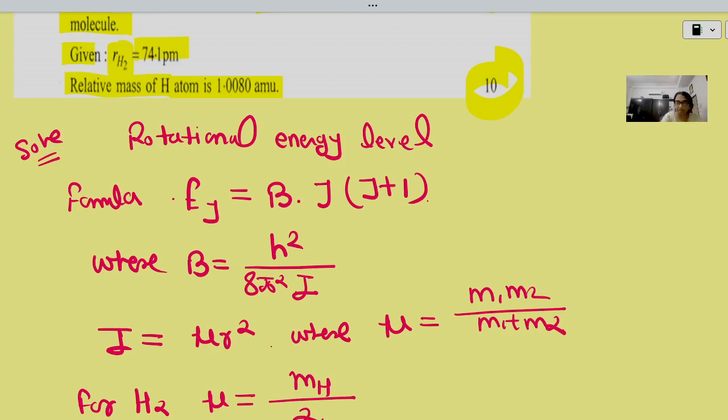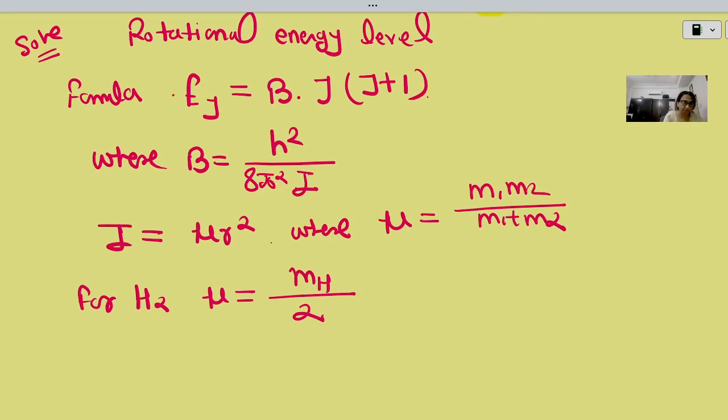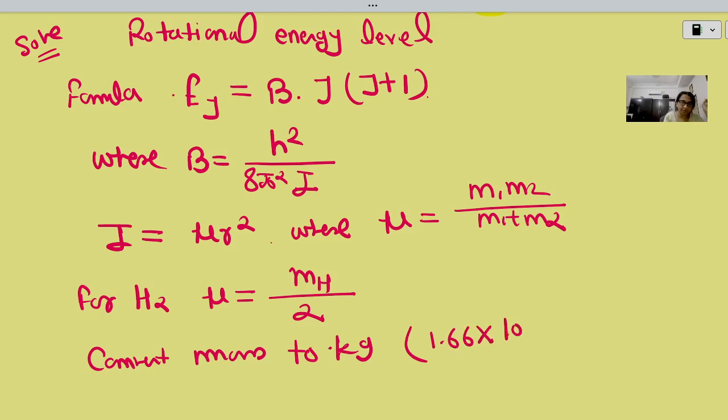What is the mass of the hydrogen? The mass of the hydrogen is 2, and convert this mass to kilograms. That is, we will get 1.66 into 10 to the power minus 27 kg per amu.